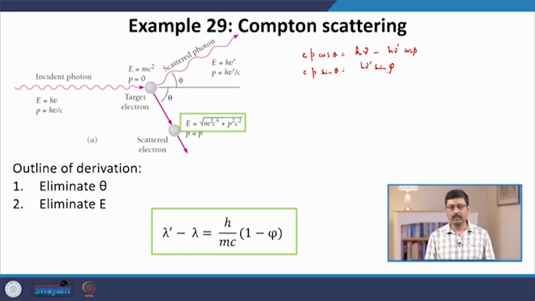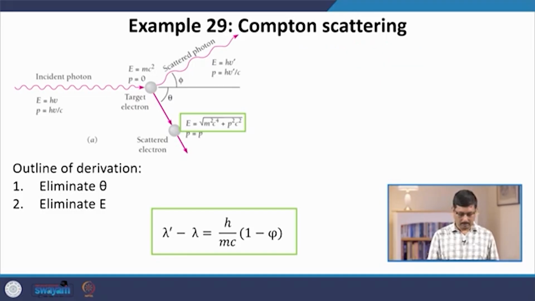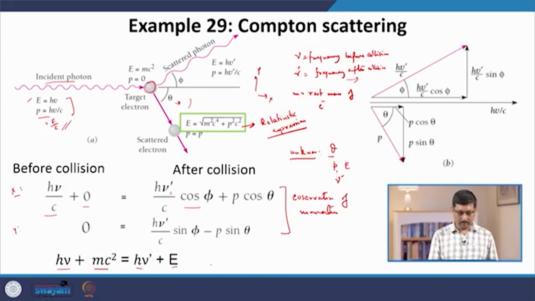You can use the identity cos square theta plus sin square theta equal to 1 to eliminate theta from these two equations. After that, in the next step you eliminate E using the third equation.